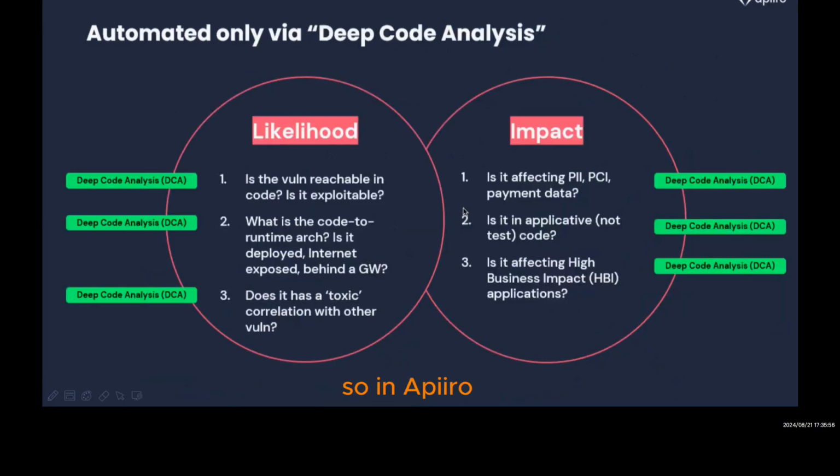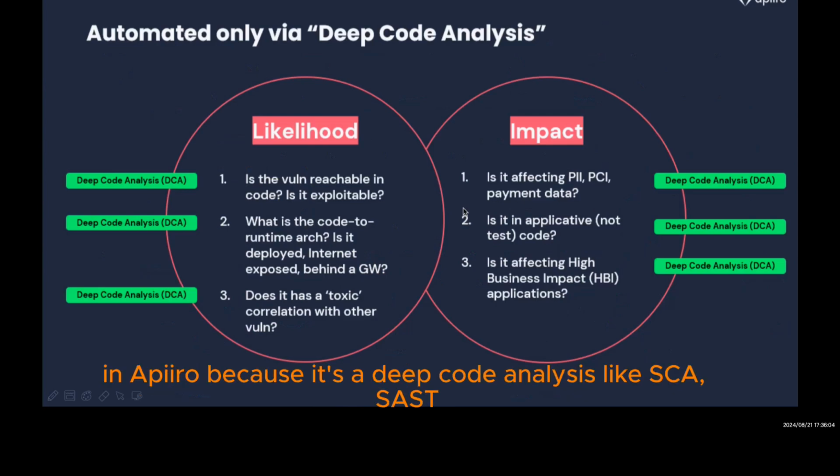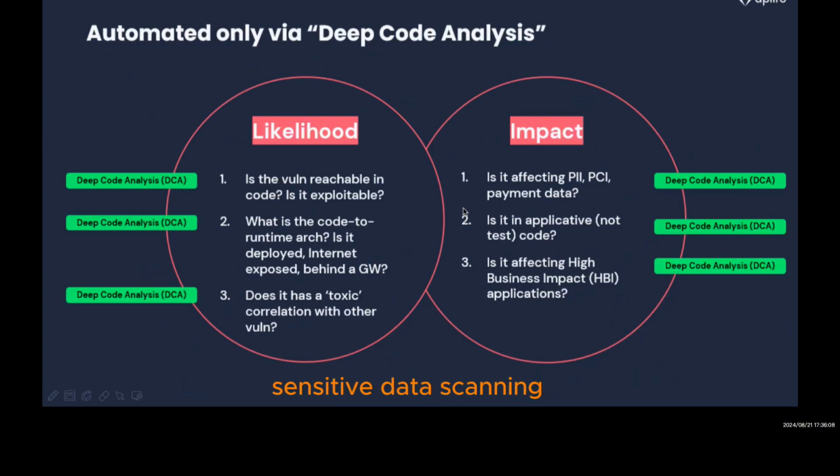In Apiiro, we have built-in capabilities for almost all the capabilities in the left part for core scanning. In Apiiro, we call it deep code analysis, like SCA, SAST, sensitive data scanning. We even cover supply chain security. But a more important thing for Apiiro is we not just provide built-in capabilities, we also provide integration.